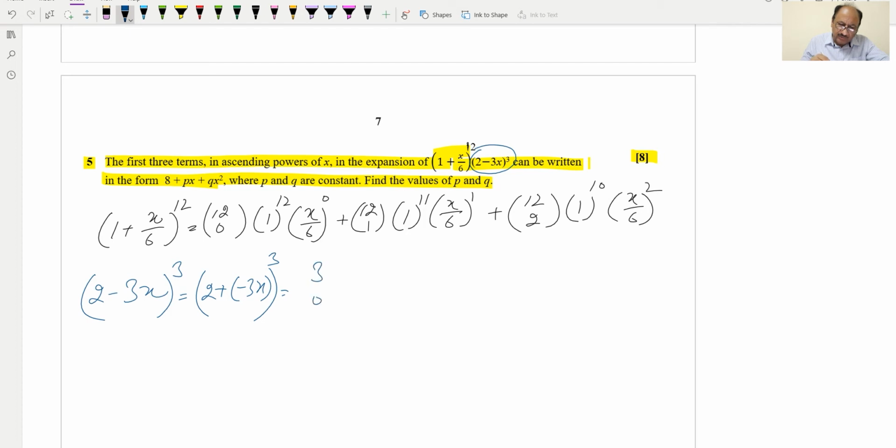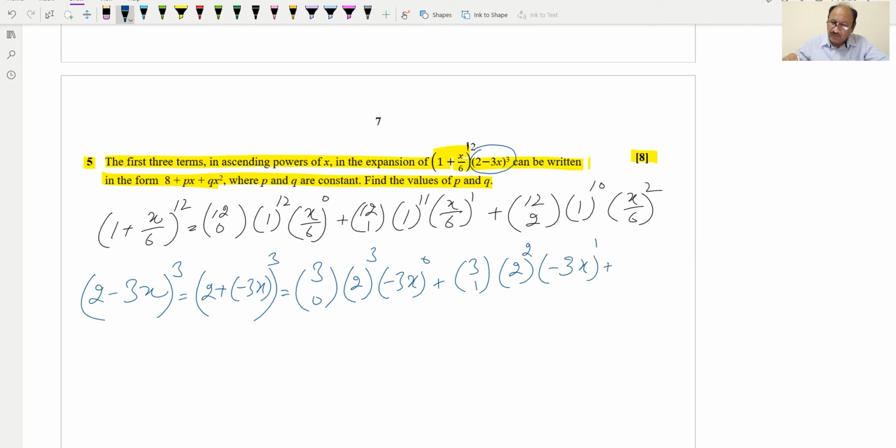This will be 3c0, 2 raised to the power 3 into minus 3x raised to the power 0, and next will be plus 3c1, 2 raised to the power 2, and minus 3x raised to the power 1, and the last term will be 3c2, 2 raised to the power 1 and minus 3x squared.